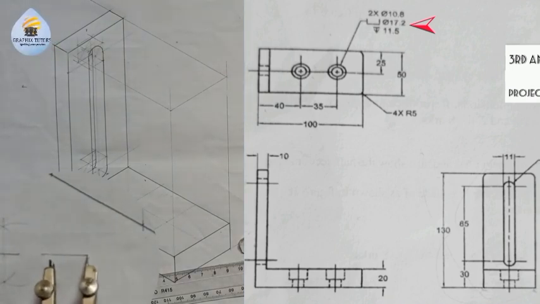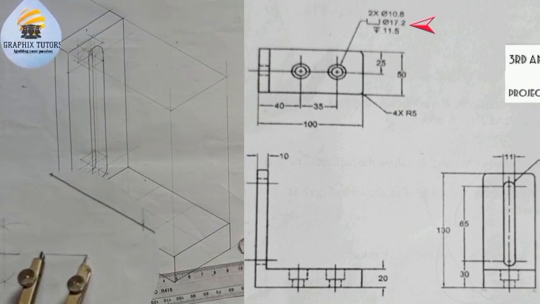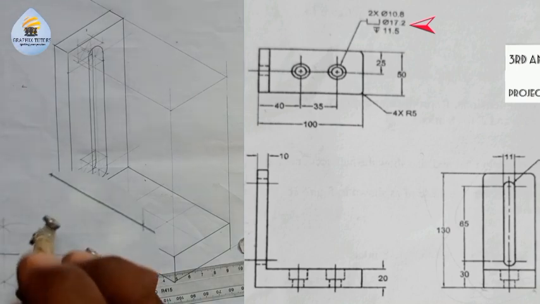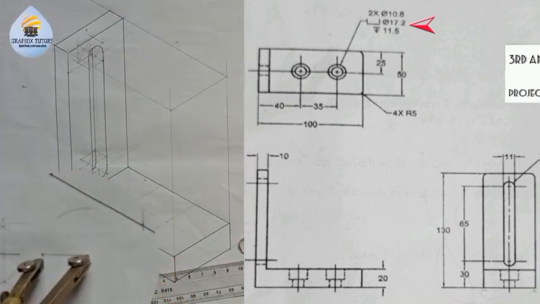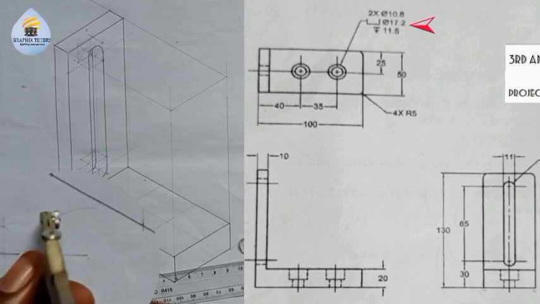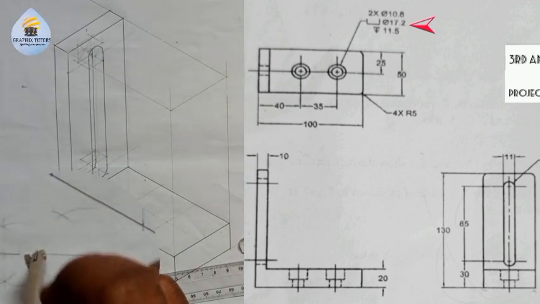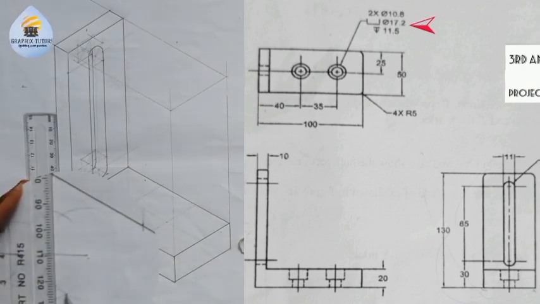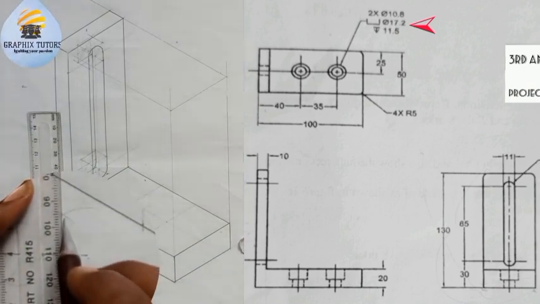So this is better and more accurate. Take my compass here. I'll bisect it at this point. Strike an arc. Another one. Come here. Do the same thing here and here. Then you draw your line that will be going through the center.